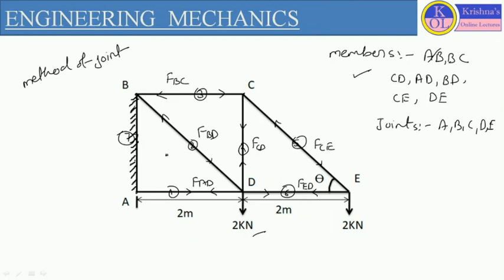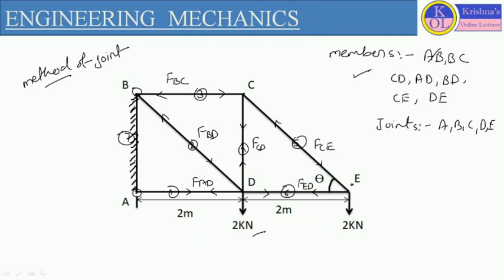Now, this force analysis we are going to do with the help of the method of joints, so our main concentration will be each and every joint. But this AB member is a fixed member, so joints A and B are also fixed joints, and we will not consider these two joints in the analysis. We will consider the rest of the joints.